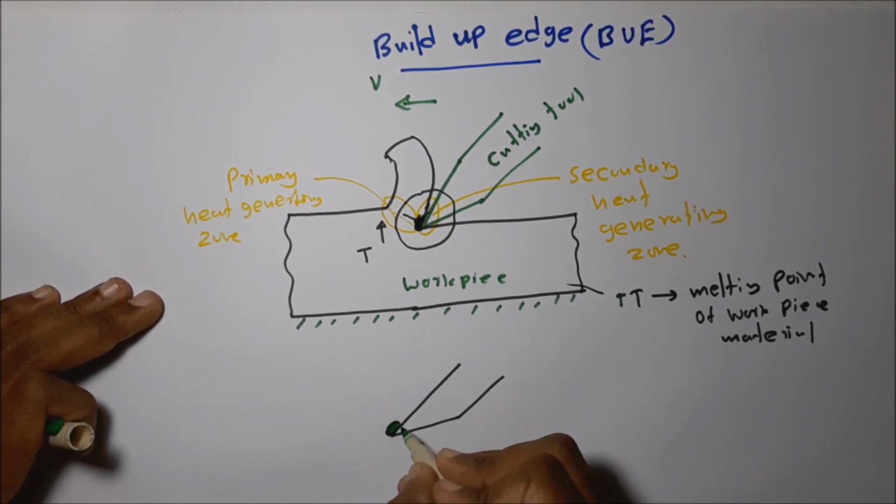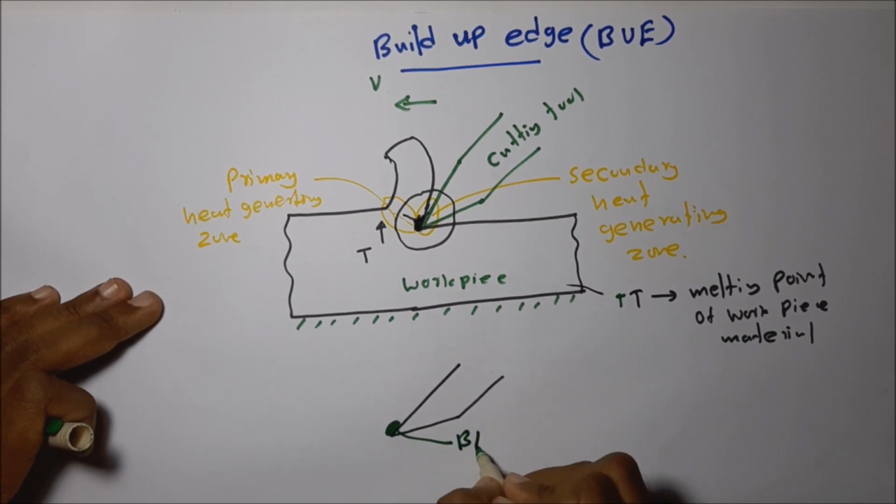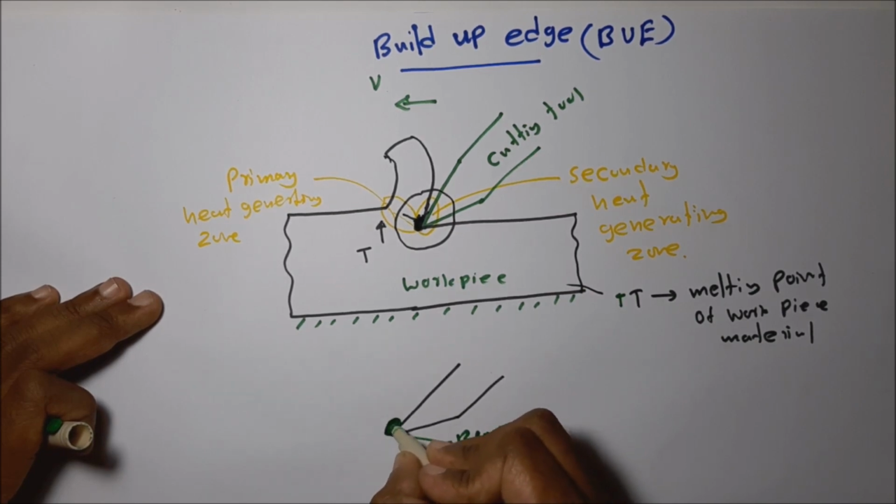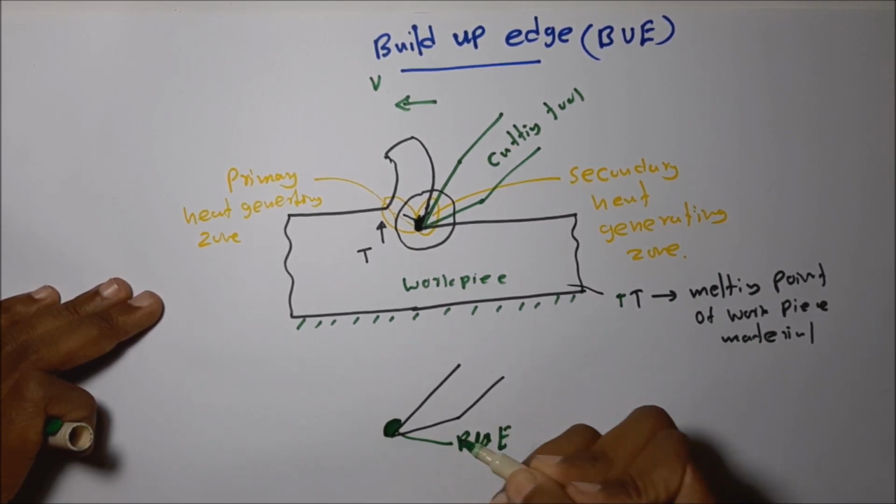This newly generated cutting edge is called the built-up edge, BUE, and it gradually develops with time.